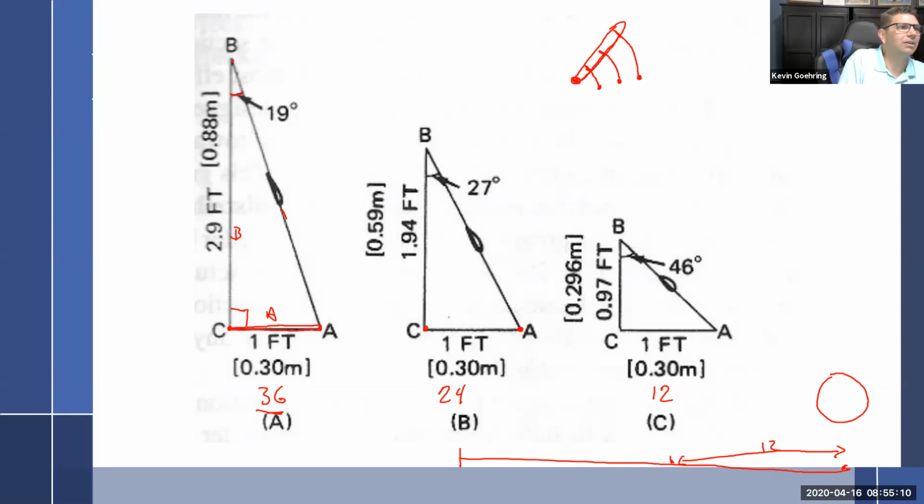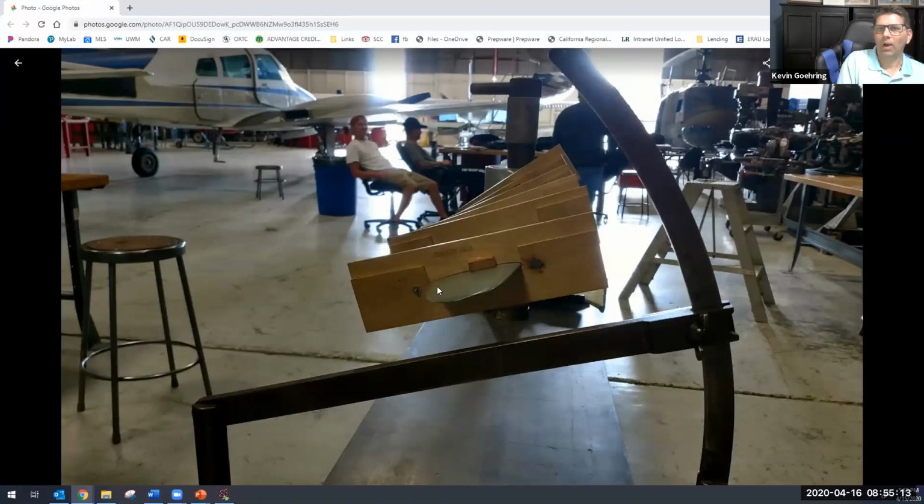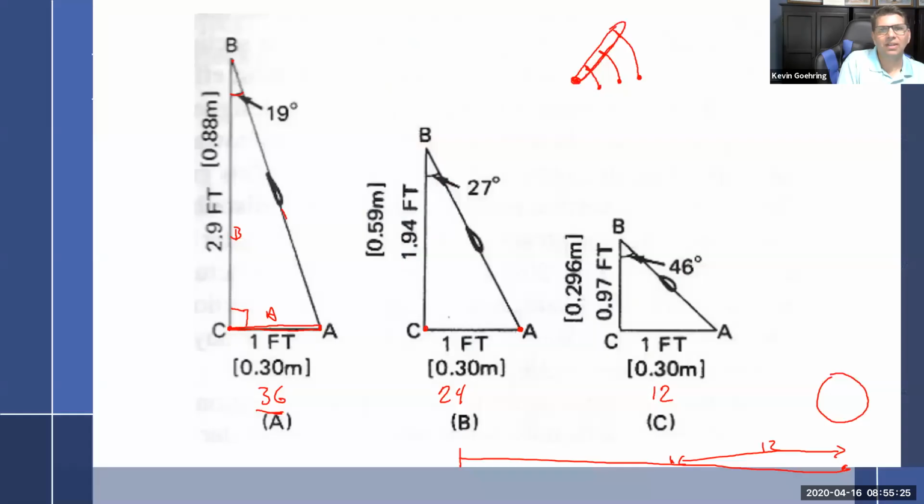Is that true? Look at that: back here we have all of this pitch, and it gets less. By the time we got out here, we only had 19 degrees. That's why, because as it comes around, you have different angles of attack.